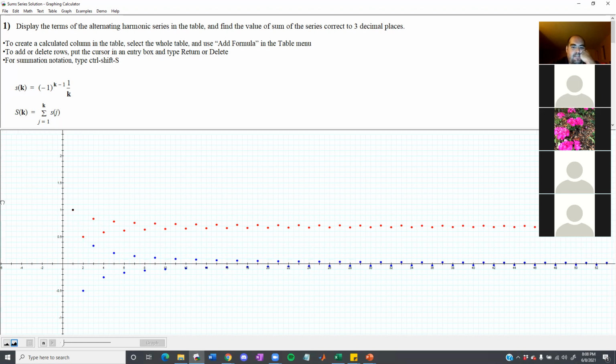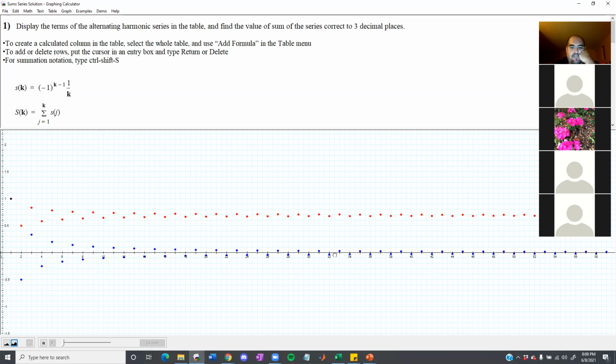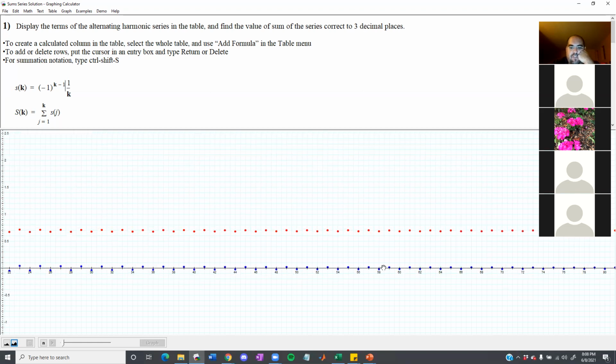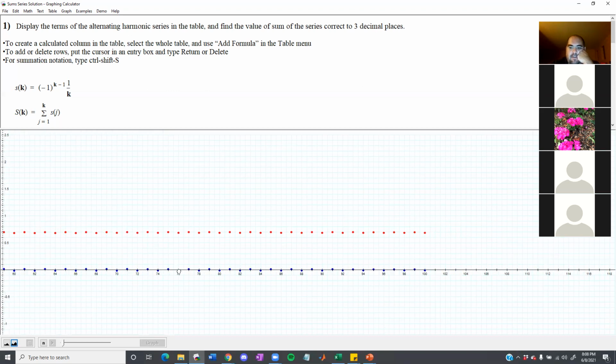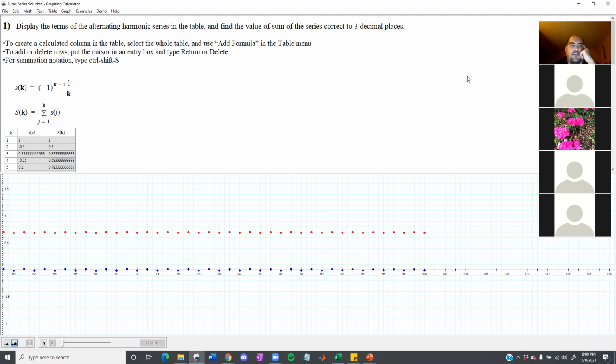But now if you look at the red terms, the partial sums, hopefully it's more clear that those do settle in on some value. They're alternating back and forth, but they're also diminishing. They're getting closer and closer to some finite value. Not terribly important what that finite value is, but we do know that it converges to something.